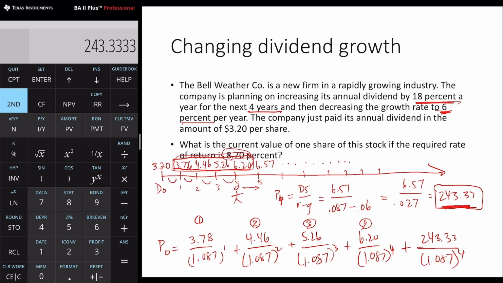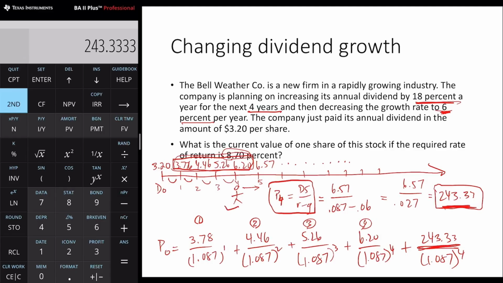But standing at time 4, looking forward, the dividend growth rate is always the same at 6%. And so therefore, at time 4, we can use the constant dividend growth model where we said P4 is equal to D5 over R minus G. And we can take that sum and discount it 4 years, right?